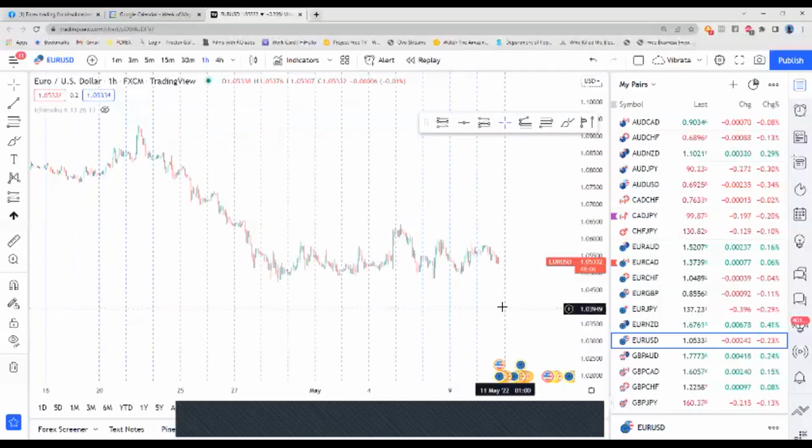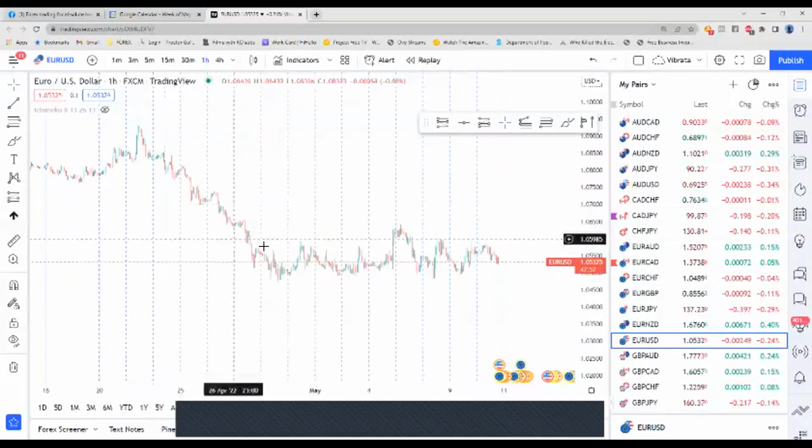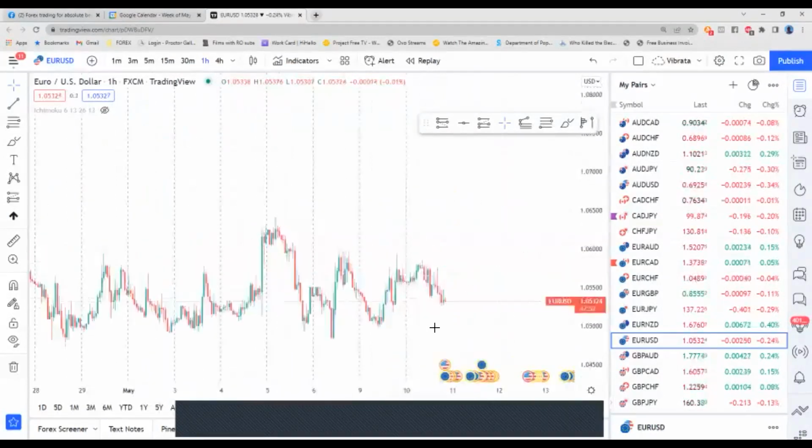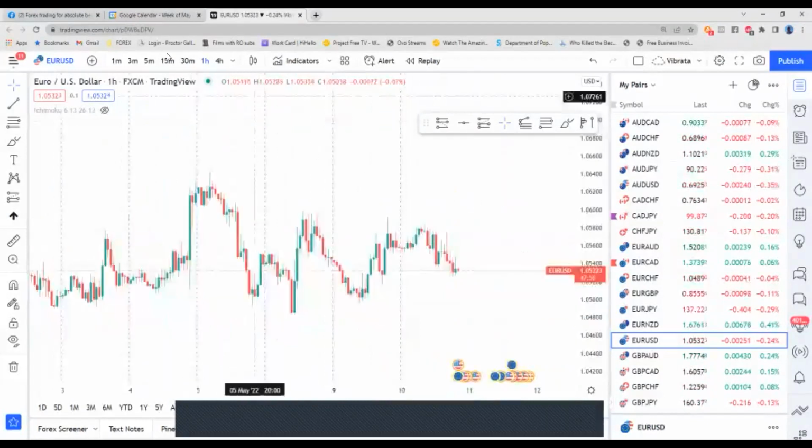So guys, please take note. This website, tradingview.com, is free to use. We use it as an analytical tool, okay? So we use tradingview.com for market analysis. You might want to write that down so you can fool around with it later.